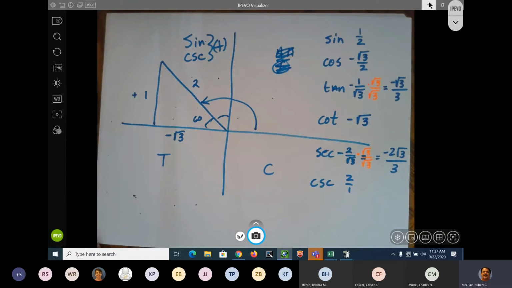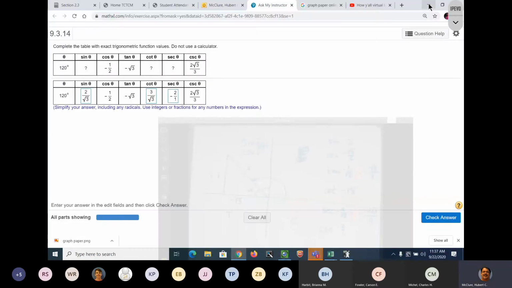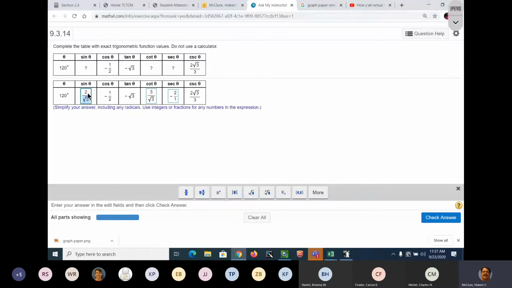So let's punch them in. And this one's going to be not the radical in the denominator. So that's going to be 1 over 2. 1 over 2. And cosine would be negative square root of 3 over 2.